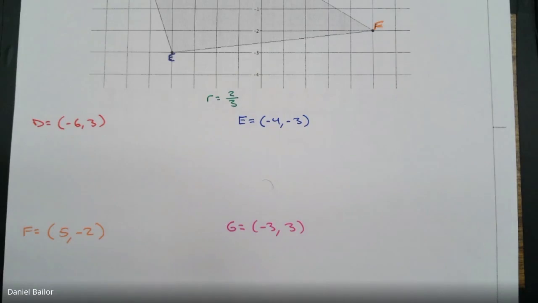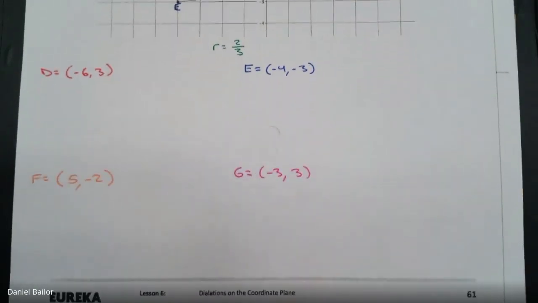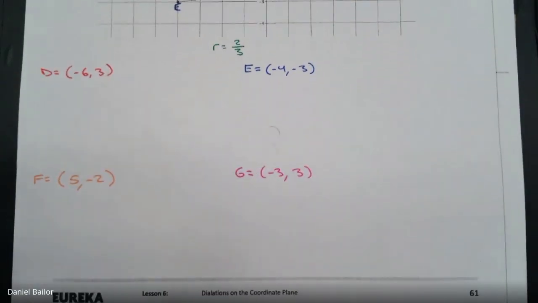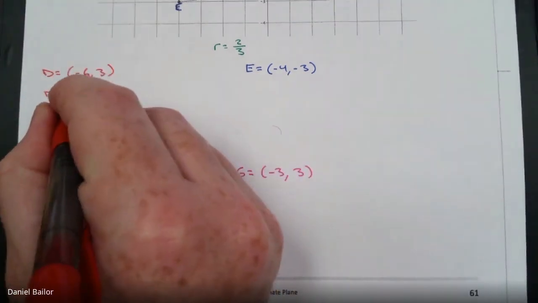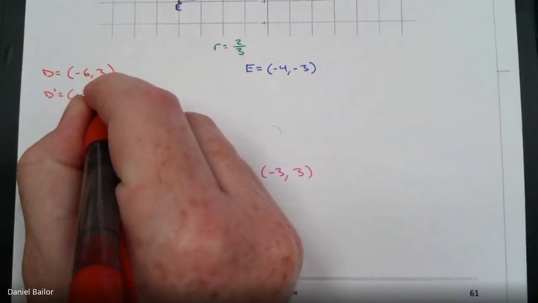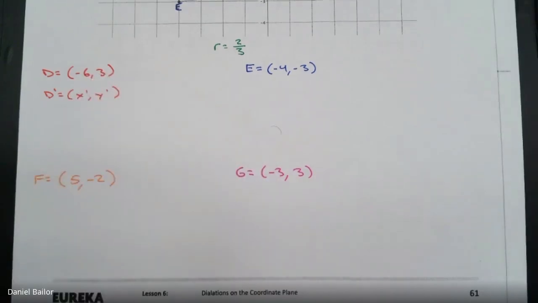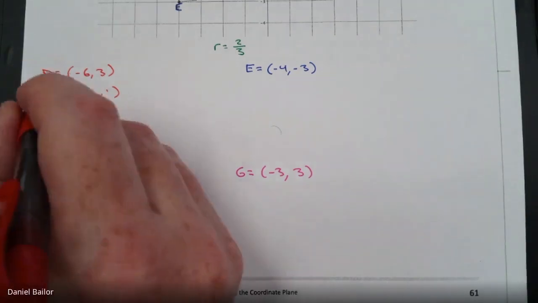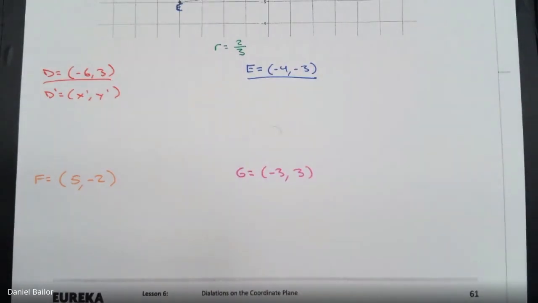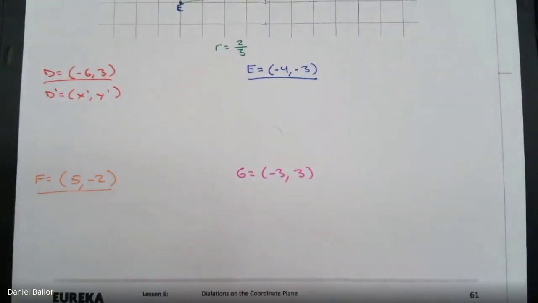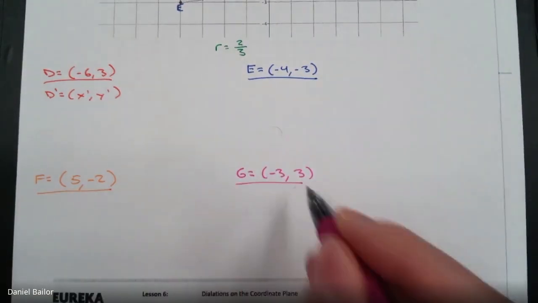Now we need to change them to the prime coordinates. Let's start with D. Let's find D prime. D prime is going to be x prime, y prime. And yes, I am showing all the work. I would like you to show all the work too. If I can do it, you can do it. Above my underlining, I'm underlining what is true before the dilation.